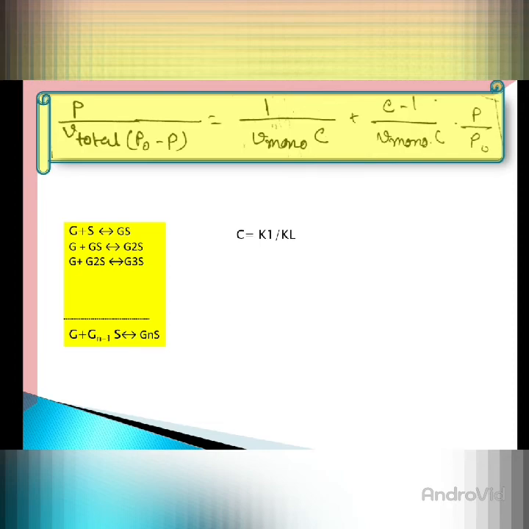And another interesting fact is that KL is actually the equilibrium constant corresponding to the saturated vapor-liquid equilibrium, and C is equal to K1 by KL.